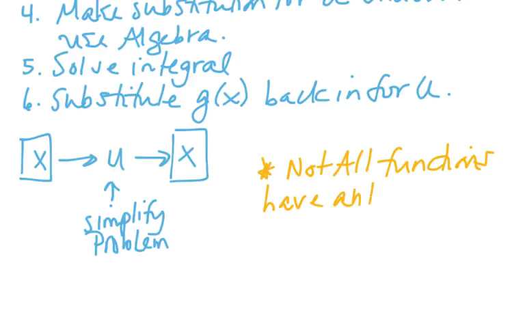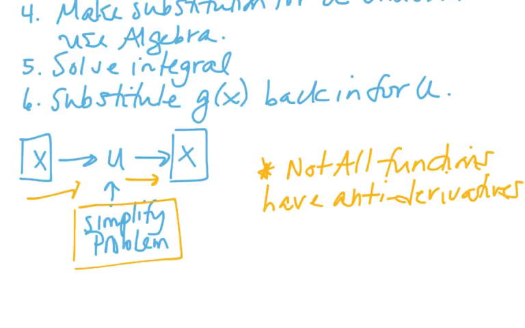We'll learn some other fancy things to do when we back ourselves into a corner, which, if you're like me, happens frequently with this. Okay? So that's the overarching message here. You're going from x to u, back to x, and the problem that you get in terms of u is supposed to be a tad simpler, you hope, right, than the original problem in terms of x.